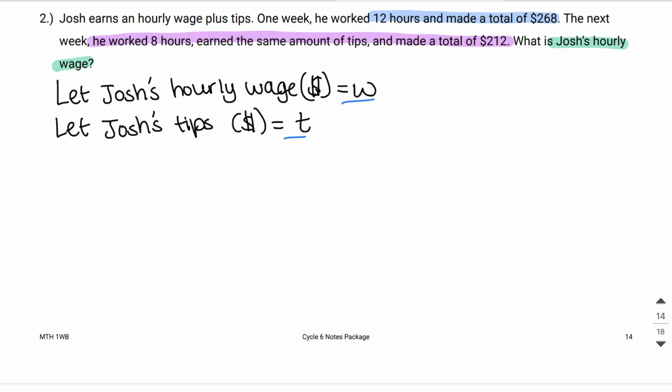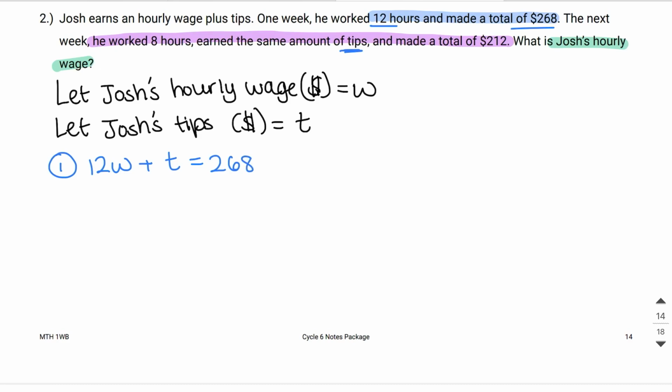So now we're ready to write our equations. Because there are 2 variables, we have to write 2 equations. In our first equation, it says he worked 12 hours and made a total of $268. That includes the tips. So in our first equation, we're going to say he works 12 hours at a rate of W dollars per hour, plus T dollars in tips, and he made $268.